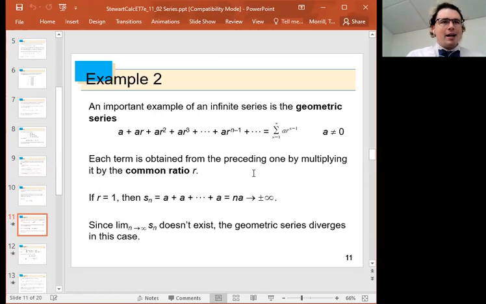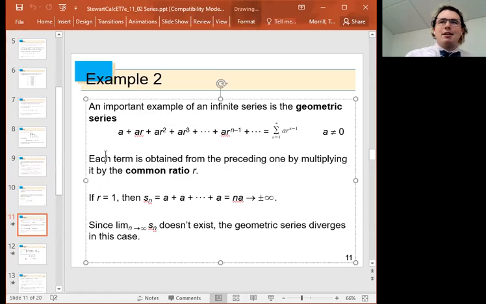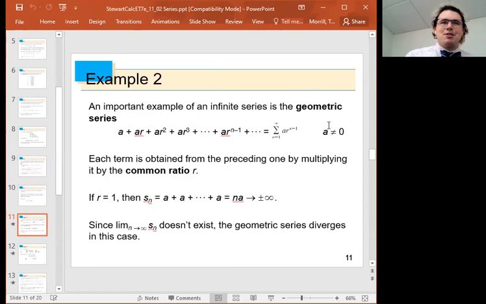So let's dig in on a series with a very special formula called the geometric series. Now, there's lots of different geometric series with different parameters. Every geometric series has to start somewhere, so this one will start at parameter A, and for technical reasons, we do not start at 0.